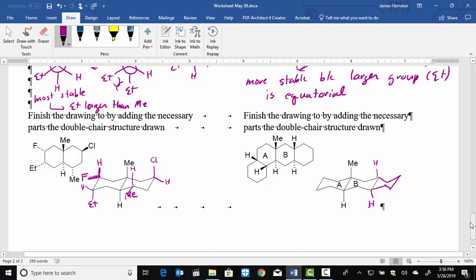So that would be, we'll call this the C ring here. And we now need to add in the D ring. So we have a hydrogen that's axial here, and a hydrogen that's equatorial here. So if we look at what we have here, something like that would be how we would finish the ring system out for the D ring.